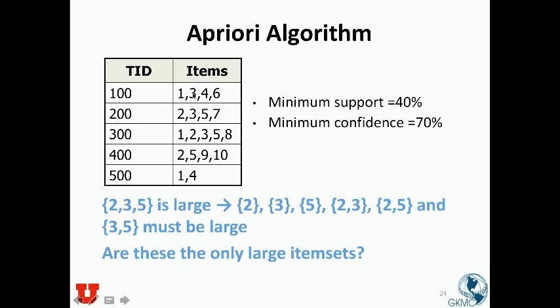So you can see 2 appears 3 times, 3 appears 3 times, 5 appears 3 times also, then 2, 3 appears 2 times, and 2, 5 appears 3 times, and 3, 5 appears 2 times. All high enough.